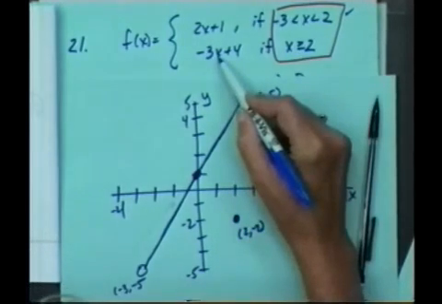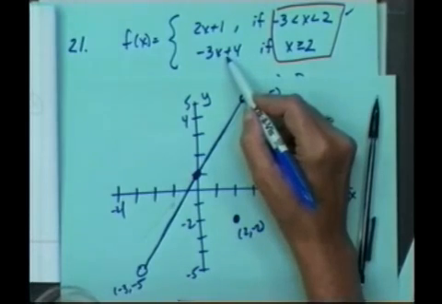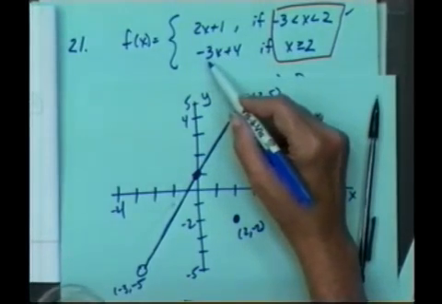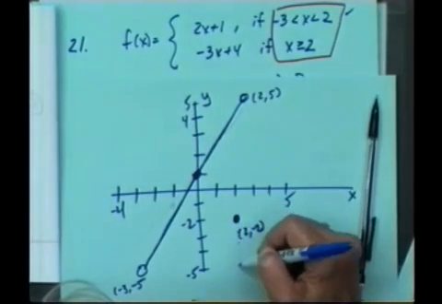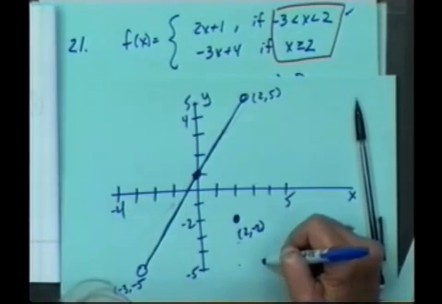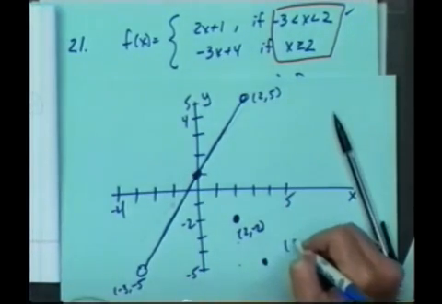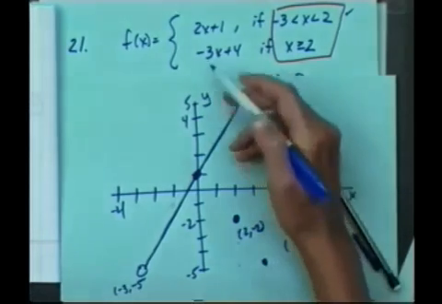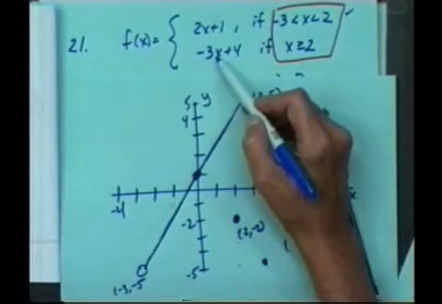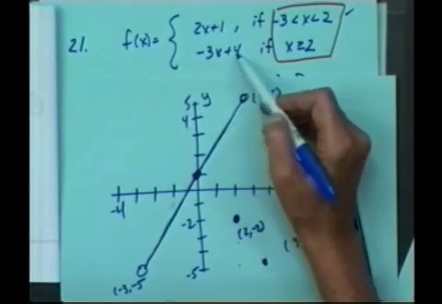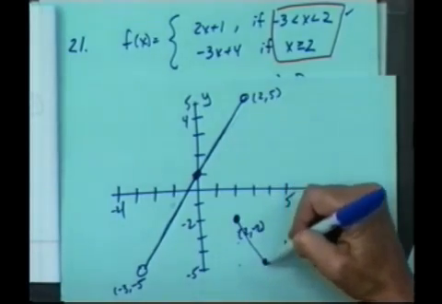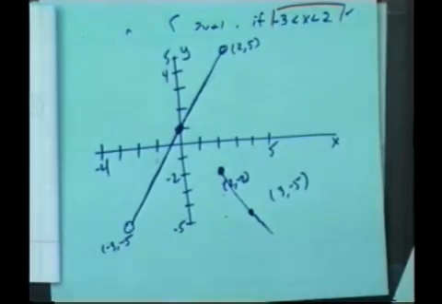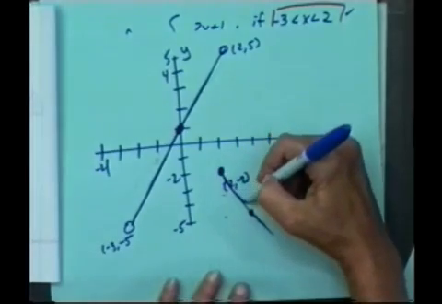The slope is negative 3 here, so we go down 3 over 1. So you have the point (3, negative 5), since negative 3 times 3 is negative 9, plus 4 is negative 5. So that line looks like this.